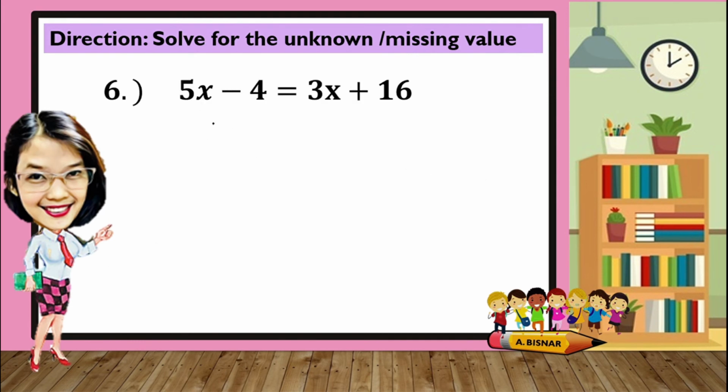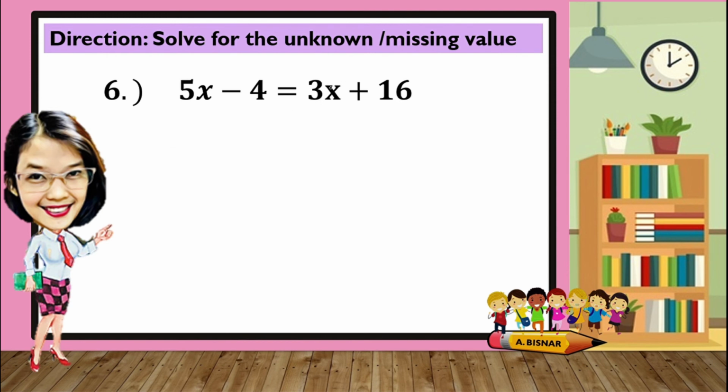How about this one? As you observe, both sides of the equation have x. So you just need to use the addition and subtraction property of equality. Let us start by combining similar terms, which are 5x and 3x. So you have to remove 3x in here. How to do that?